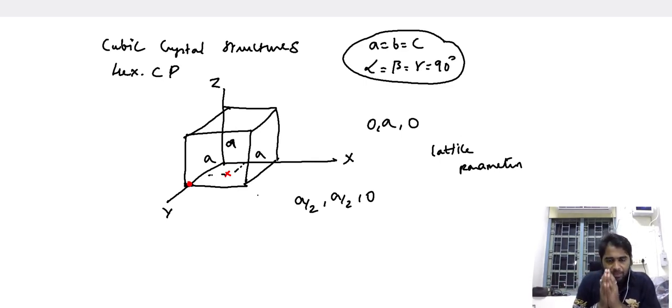Depending on the crystal structure, the positions of the atoms in the unit cell vary, and which positions the atoms occupy is described using the lengthwise parameters associated with the unit cell, not x, y and z.